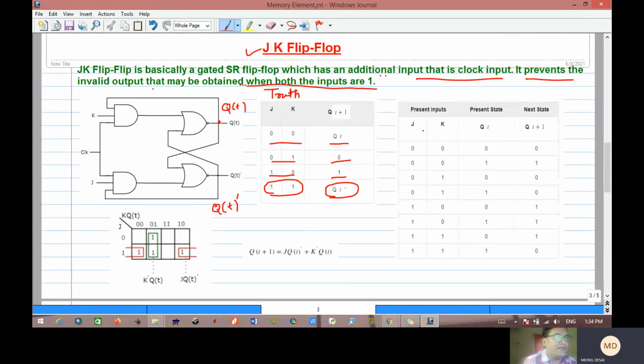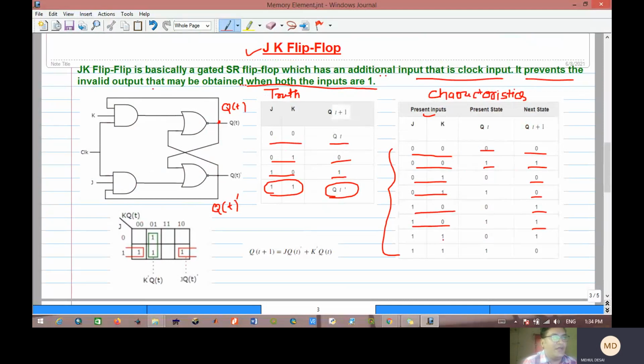Based on the present state, the characteristic table has inputs J, K and QT, the present state. So there are 8 possibilities: when input is 0 0, QT is 0 and QT is 1, then 0 1, 1 0, and both inputs 1 1.